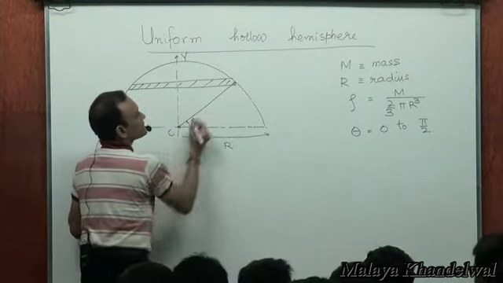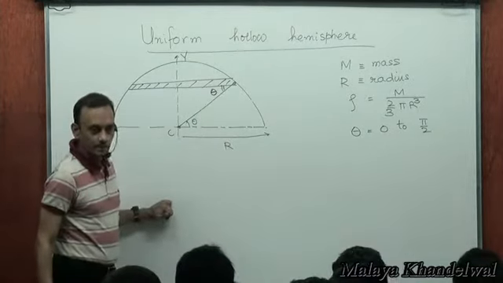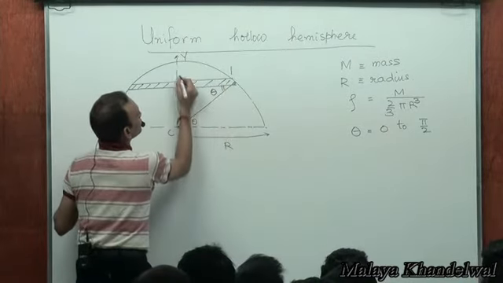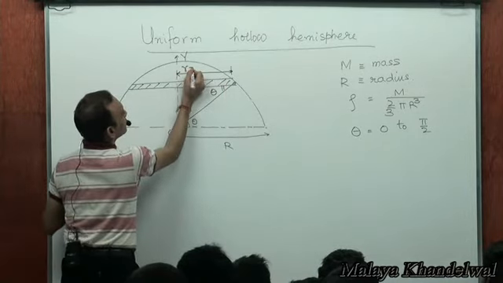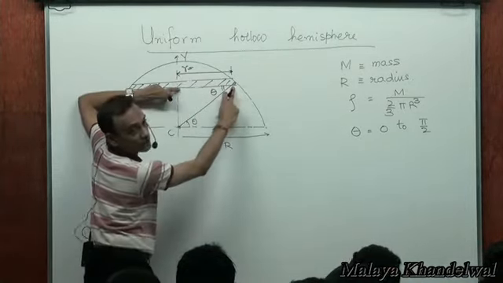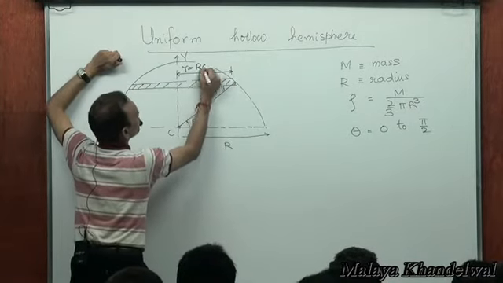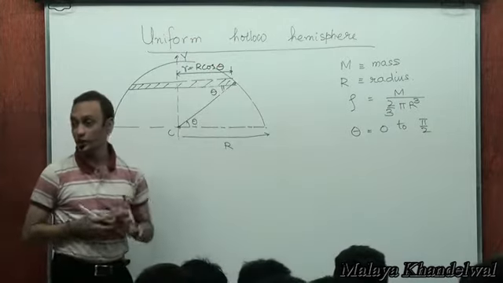Now realize that if this is theta, this is also theta, right? And the radius of this particular ring, small r, is equal to r cos theta, right? The radius of this ring is r cos theta, the radius of this shaded portion.